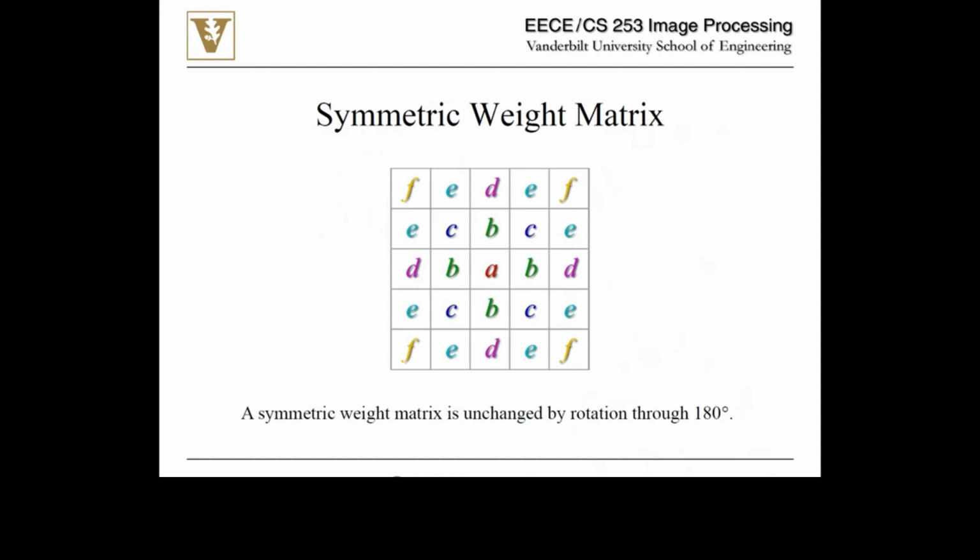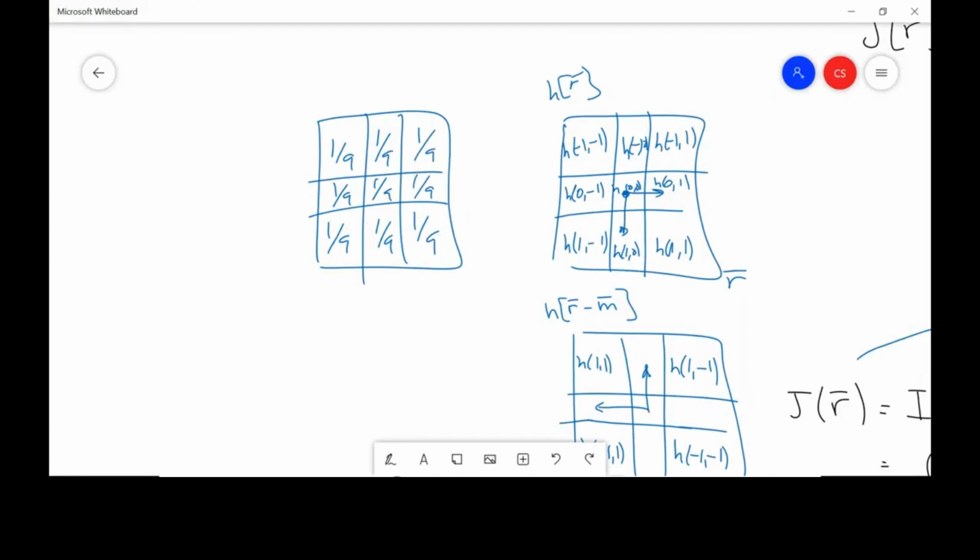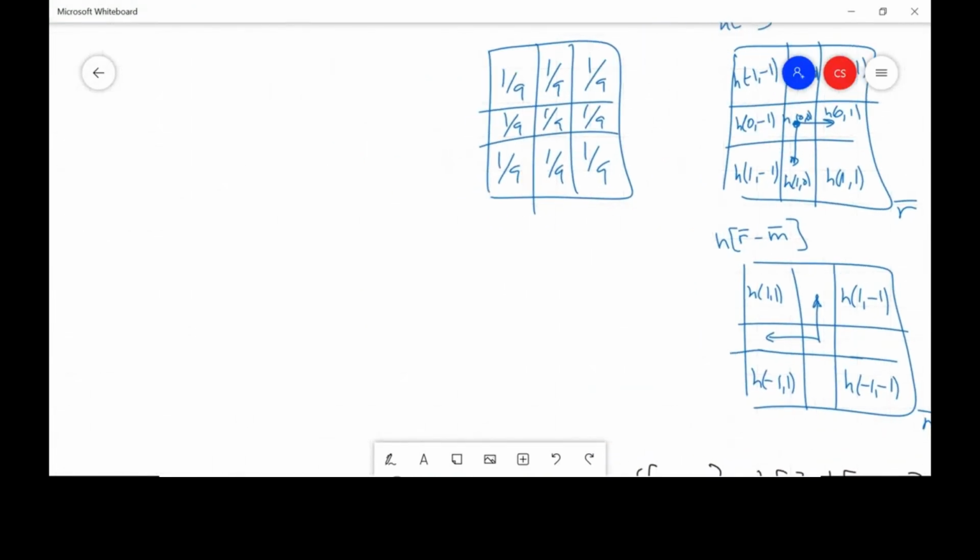And this is a property that we already know how to express mathematically. So mathematically, it must be that h of r is equal to h of minus r. When a signal fulfills that property, how do you call it? Even.